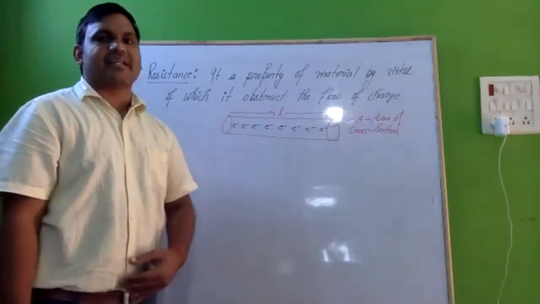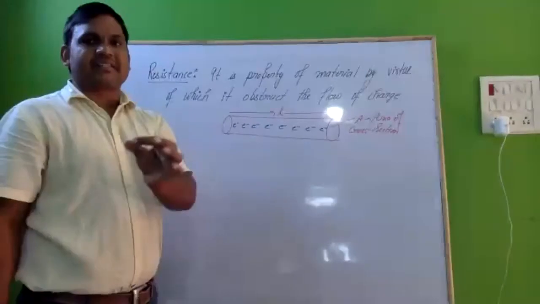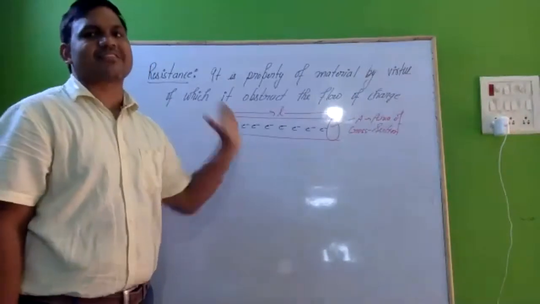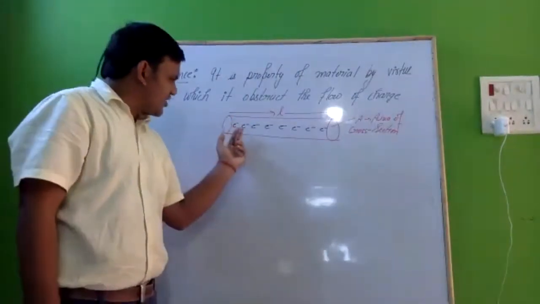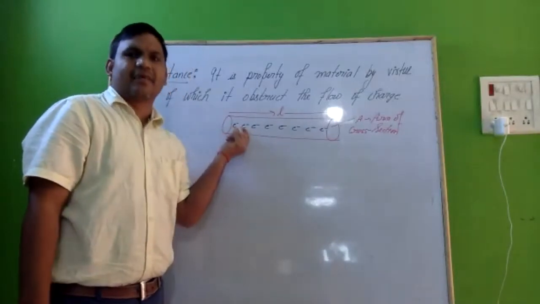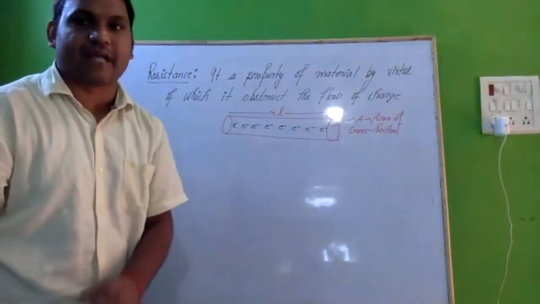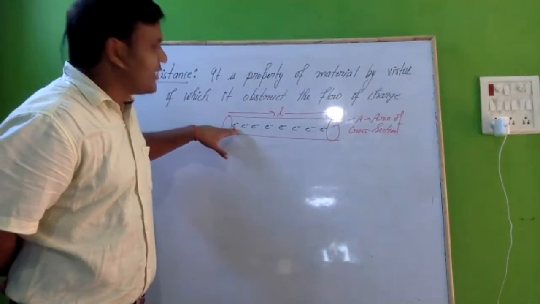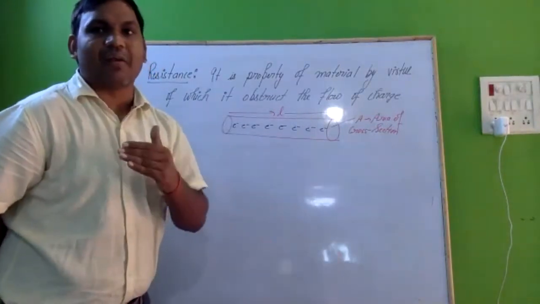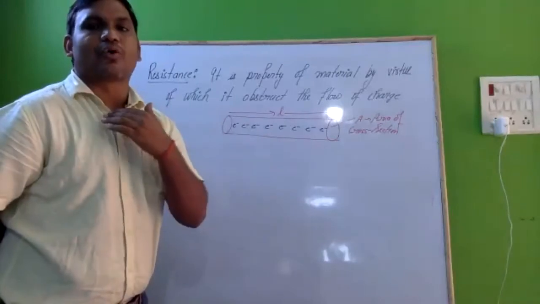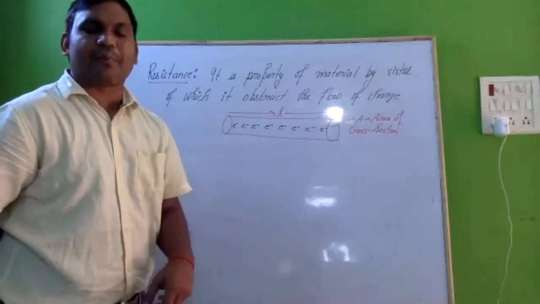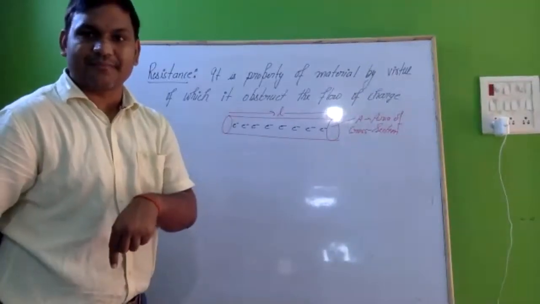You can just imagine a cube. There will be no distance between successive electrons. This distance will be very small, of the order of an angstrom, where 1 angstrom is equal to 10 to the power minus 10 meter. So once an electron tries to move forward, it will suddenly strike or collide with the successive electron. From the collision of these successive electrons, this resistance property is acquired. Got my point? Yes, sir.